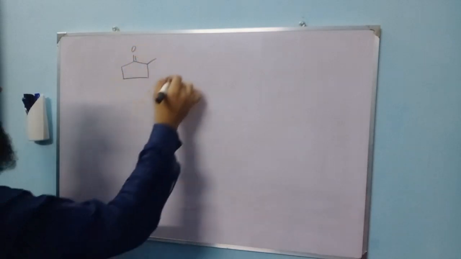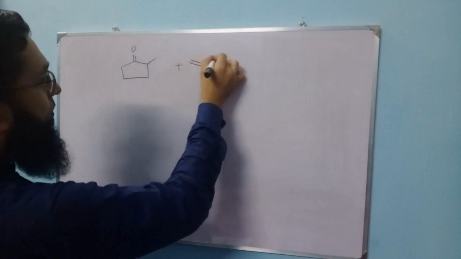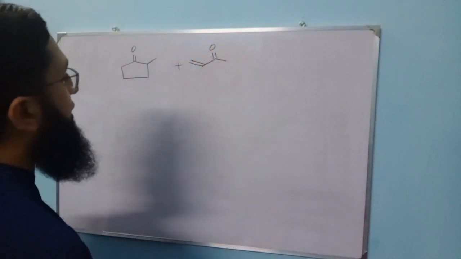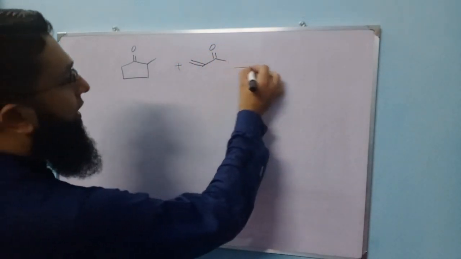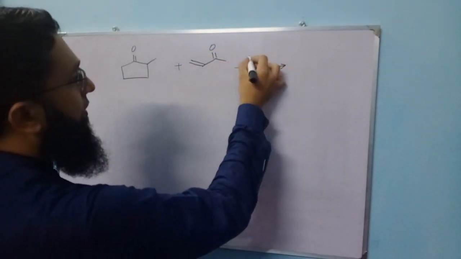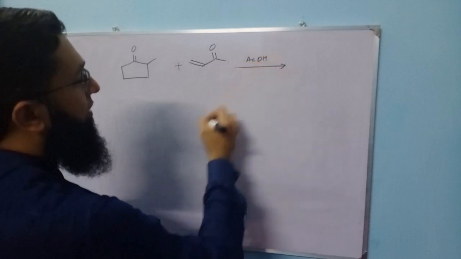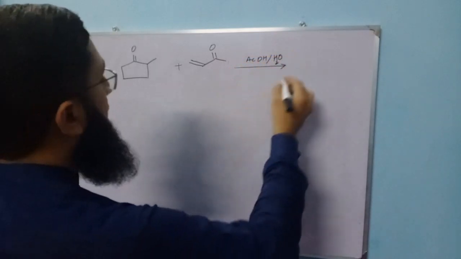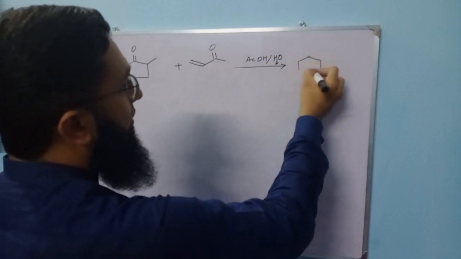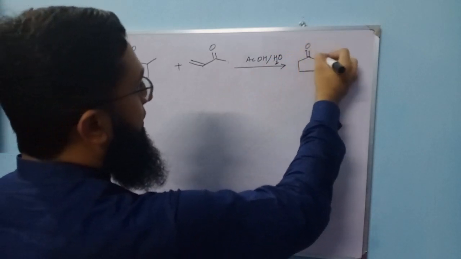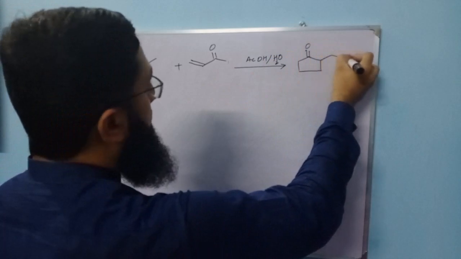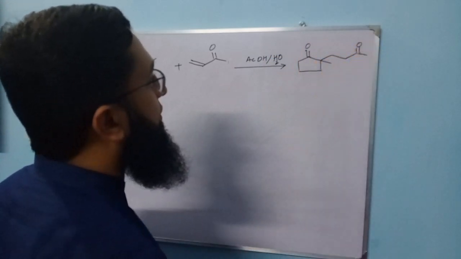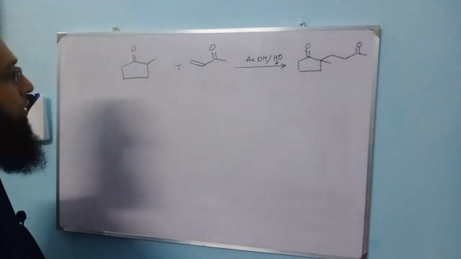If this is made to react with methyl vinyl ketone, the reaction takes place in acidic conditions, acetic acid in water for example, and as a result we get the desired molecule.